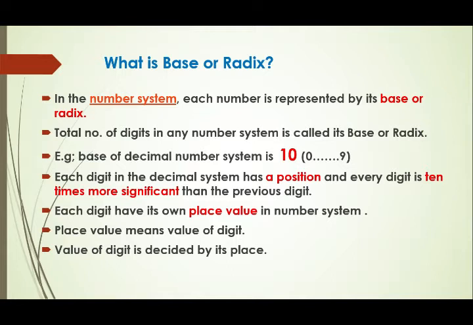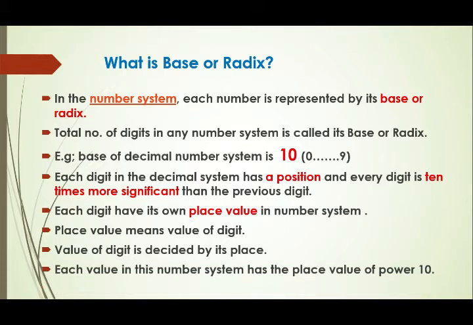The position on which the particular digit is placed decides the value of that digit. So each digit in this number has a place value that is a power of 10 in the decimal number system.